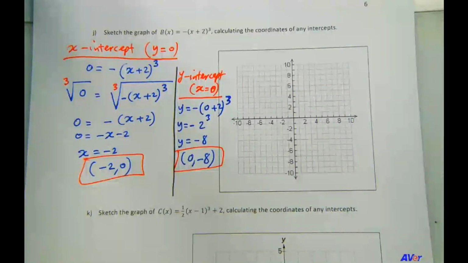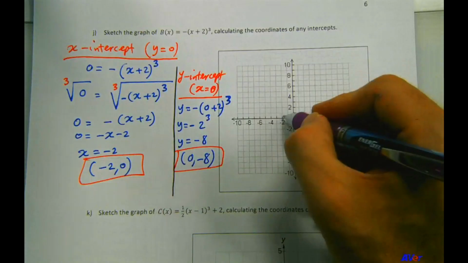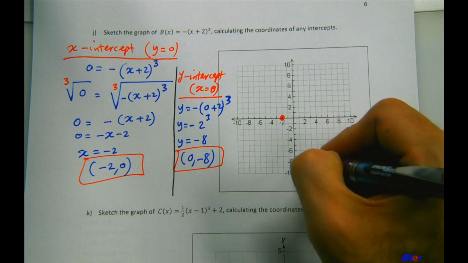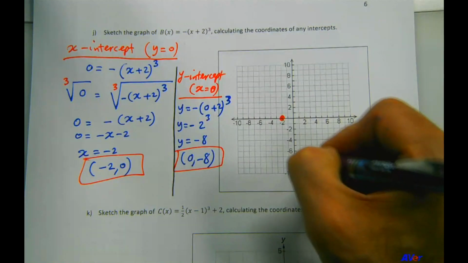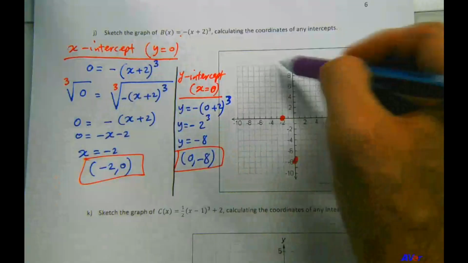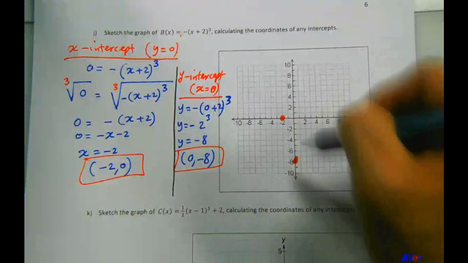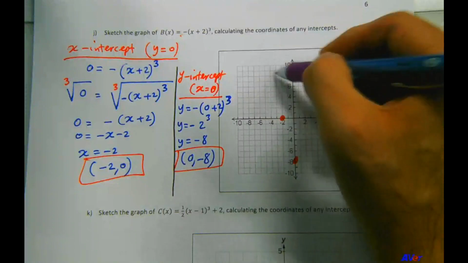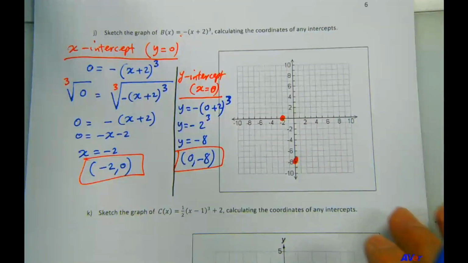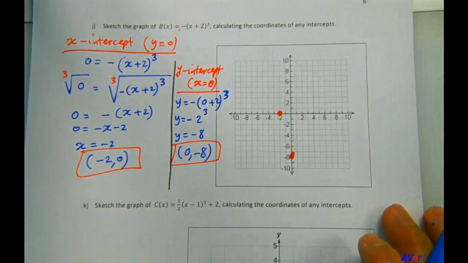Okay, let's plot these points. Negative 2 comma 0 is here, and 0 comma negative 8 is here. And that negative means that the direction is going to be like that. The graph is going to go like this. Let me try my best to draw this as best as I can.